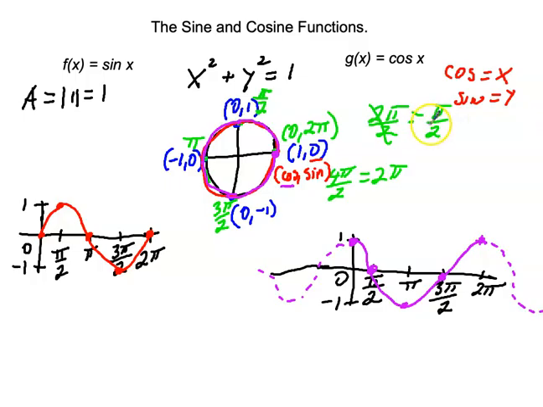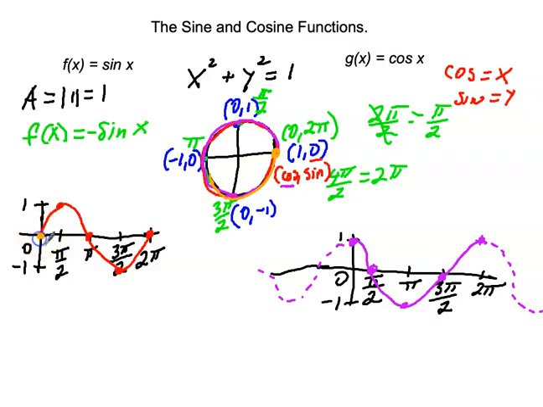I'm going to show different varieties of sine and cosine functions in another video, but I also want to mention that if we have to graph the function f of x equals negative sine x, if there is a negative, that means that we are going the opposite direction. So we're going to start here and go around the circle clockwise, and the function would look something like that.